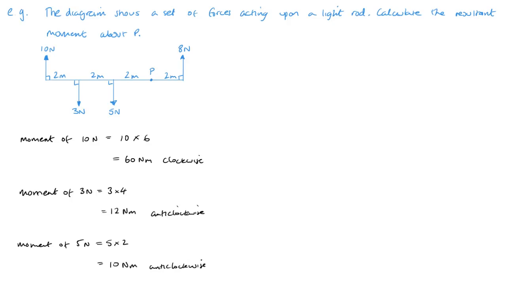And then finally, let's look at the moment of the 8 Newton force. That's going to be 8 times 2, because it's 2 meters from P, and that's going to be 16 Newton meters. And it's going this way, so it's going anti-clockwise.